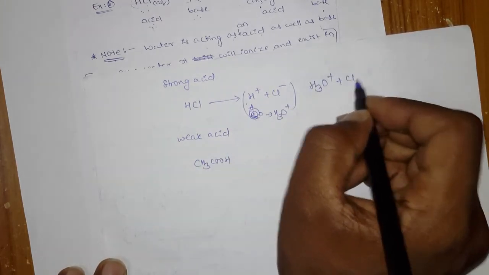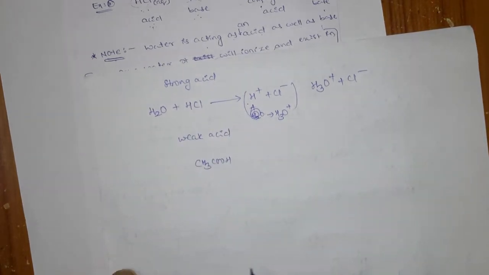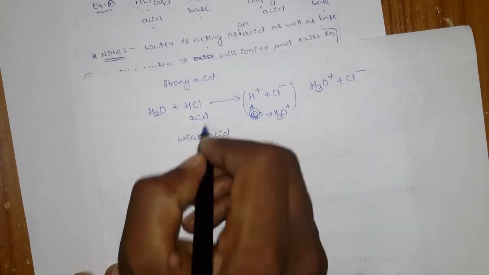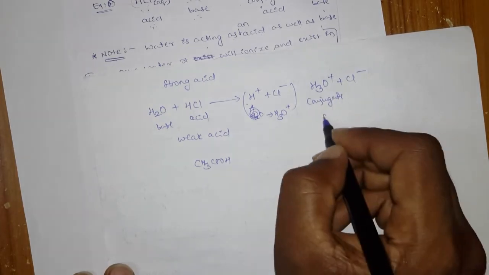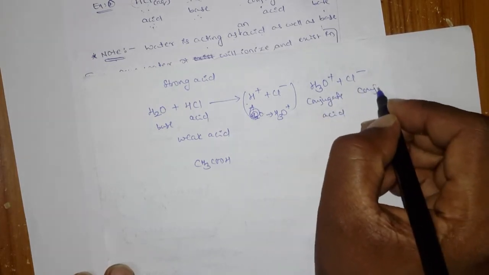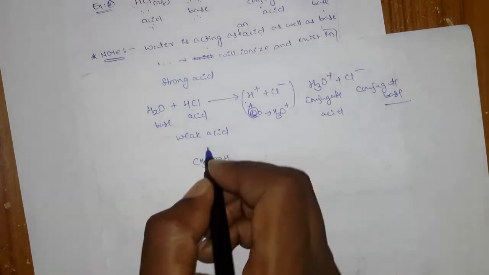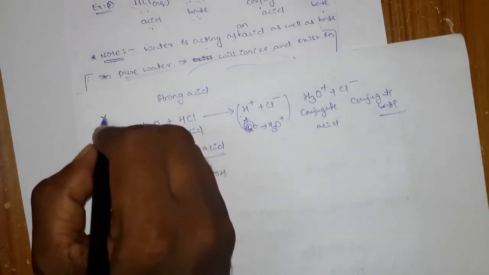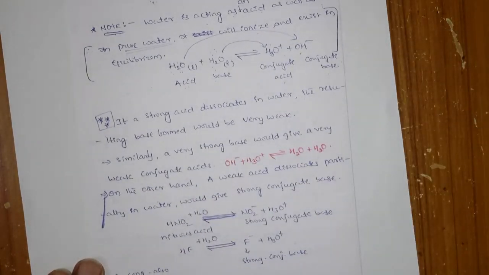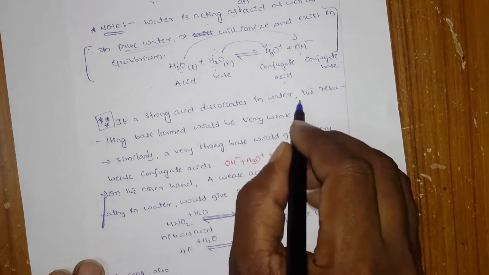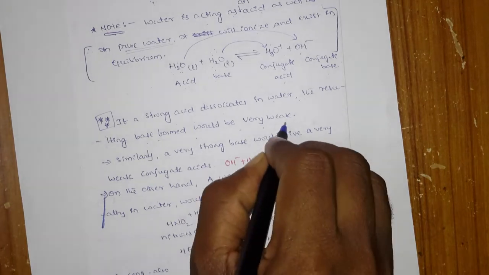H3O plus Cl minus, and here I am taking that H2O again. Okay, so now this is an acid and this is a base, and this is a conjugate acid and this is a conjugate base. Okay, right. So what he is going to say here is, you listen carefully: if a strong acid dissociates in water, the resulting base formed would be very weak.